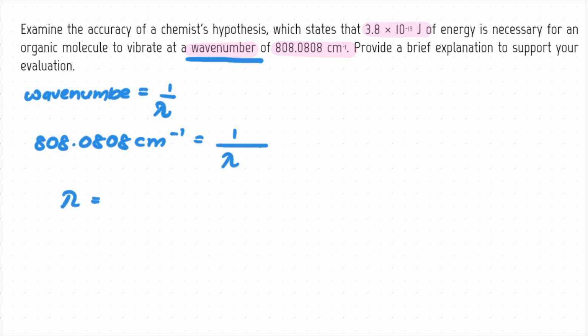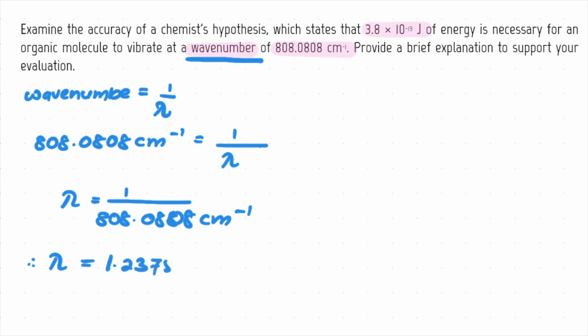So your wavelength should be equivalent to 1 over 808.0808 per centimeter. Therefore, your wavelength should be equivalent to 1.2375 times 10 to the power of negative 3 centimeter. So this is your wavelength. This is the first thing that you need to know in order for you to get back what is the energy needed.